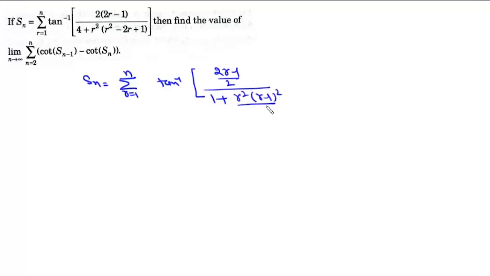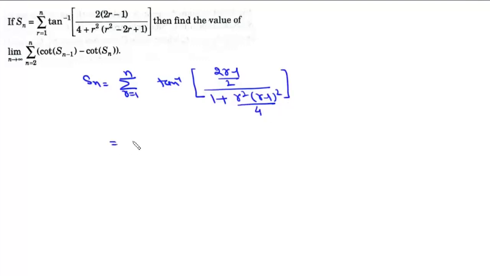Now here the question is, we are given the series Sn, which is this summation r varies from 1 to n, and this is tan inverse. Now we divide everything with 4, we can write this as 2r minus 1 by 2 upon 1 minus r square and r minus 1 whole square by 4.